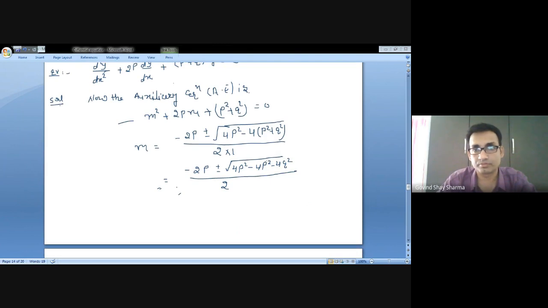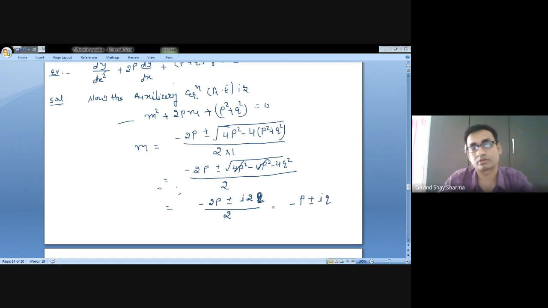Here minus p square and plus p square cancel, so minus 2p plus minus iota 2q upon 2.